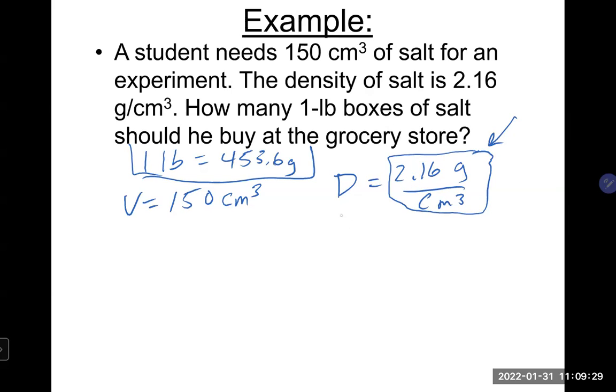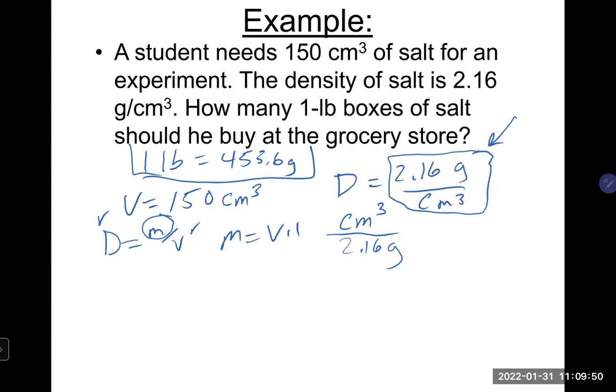You could also flip it around like this. You obviously could also just plug and chug into our density equation. Since we have the density and the volume, it would make sense to solve for the mass here. And the mass would be volume times density.